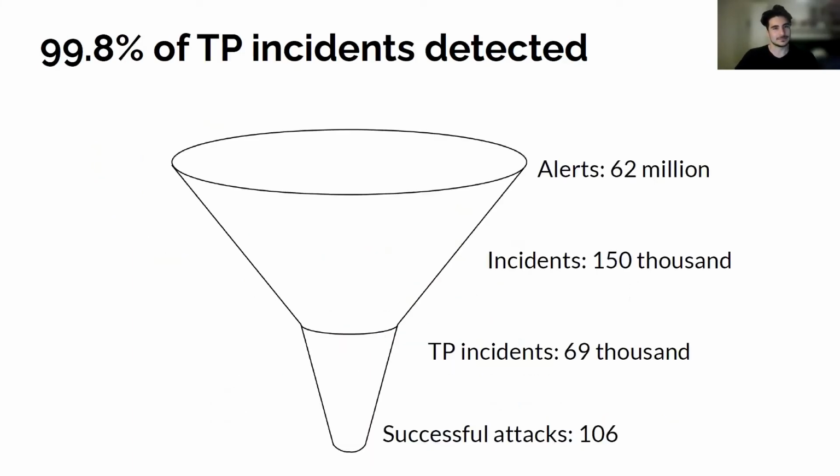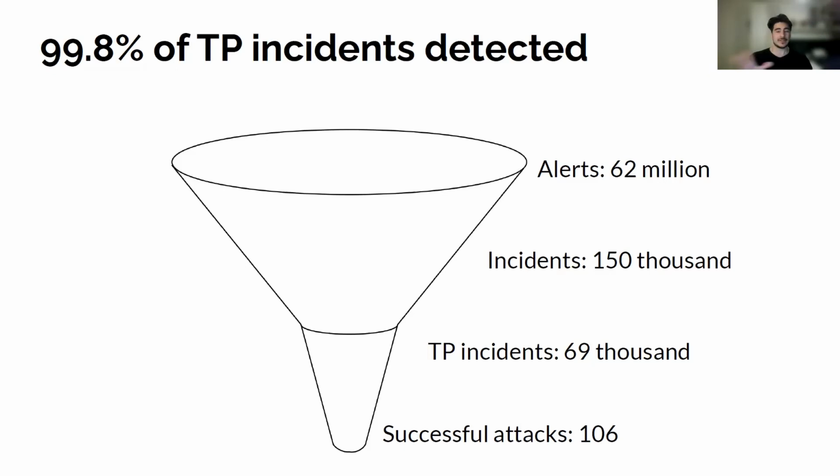And finally, I wanted to show you this sort of visual representation of all the alerts and incidents and how they are condensed into incidents and true positive incidents. And finally, successful attacks. So for the data that we have that spans around 13 years, we have 62 million alerts that the analysts in the Security Operations Center processed.